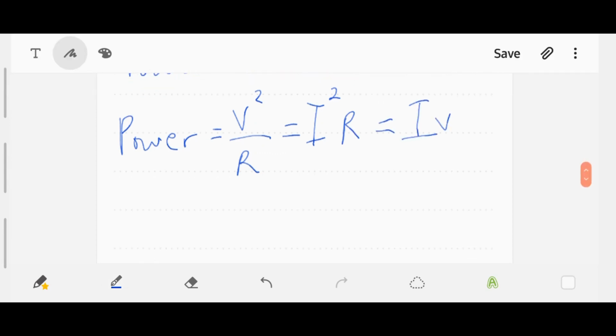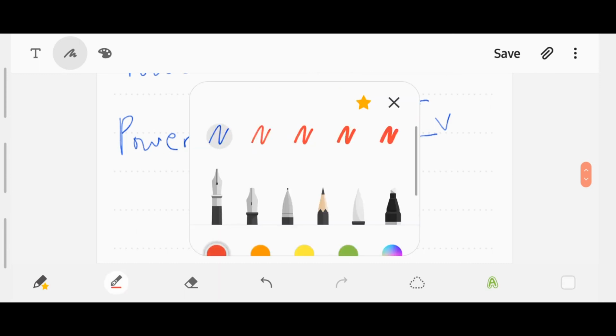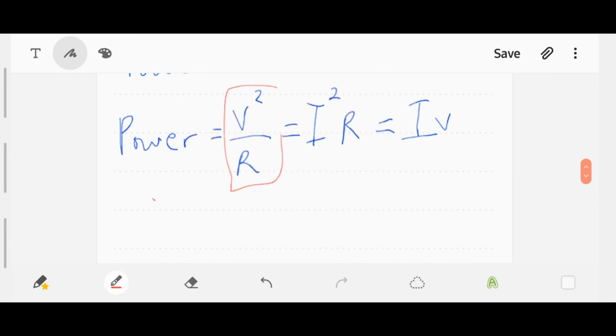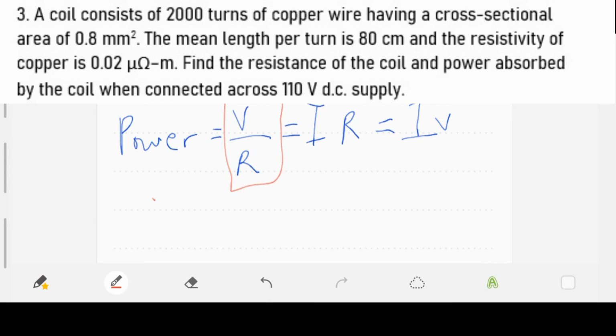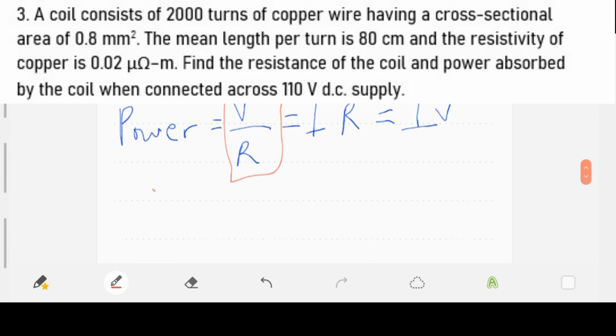But in this case, we'll be using the first formula since we have our V and we have our R. So we have our voltage and we have our resistance.